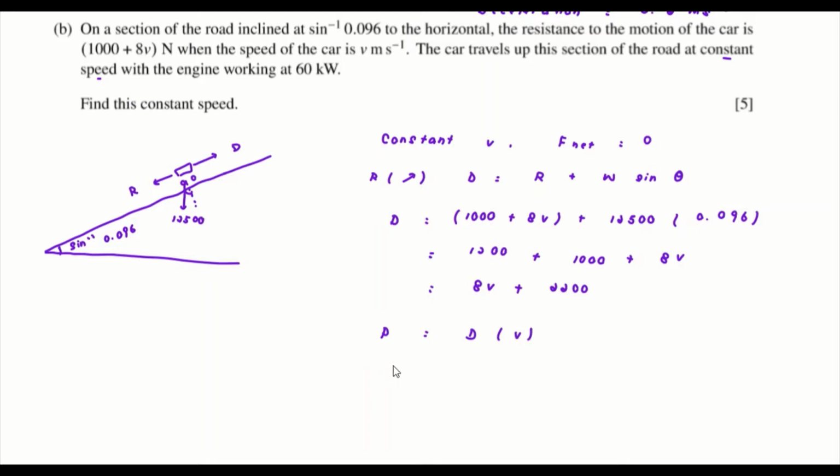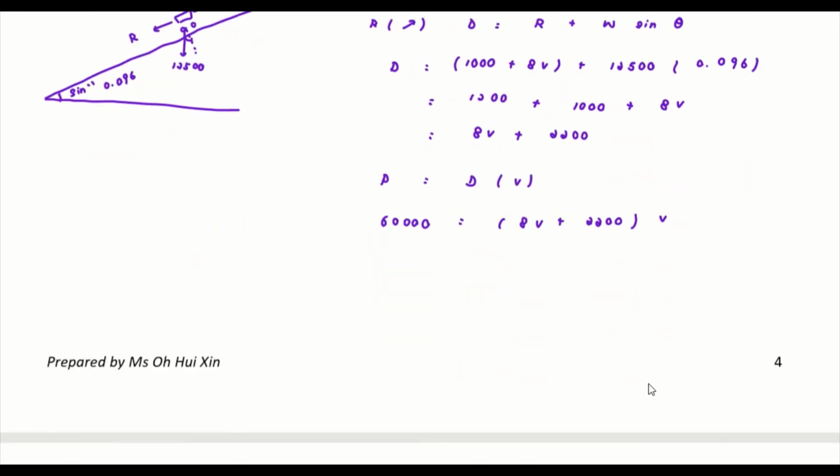Our power here is given: the engine is working at 60 kilowatts, equal to the driving force, 8V plus 2200, multiplied by V. Now we can continue to solve this. So 8V square plus 2200V minus 60000 equals 0. Then we can divide by 8 if you need.